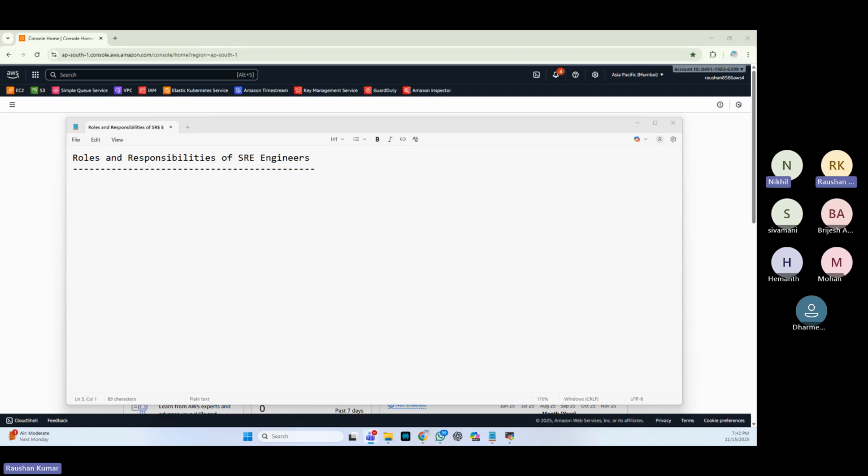Right. And definitely, Hemant, as a performance tester, because I have been a performance test engineer myself, I can comment on that. Because of the experience that you get, the troubleshooting experience, the load simulation skill.